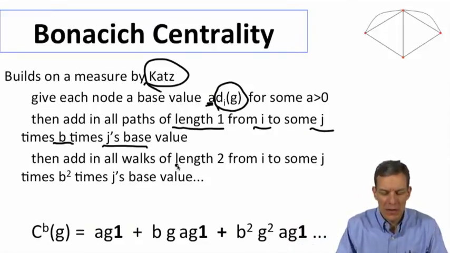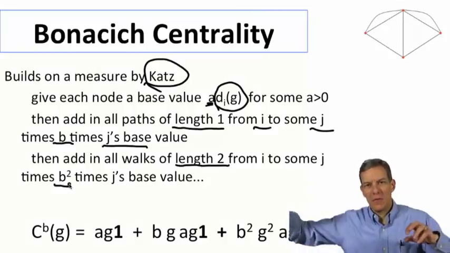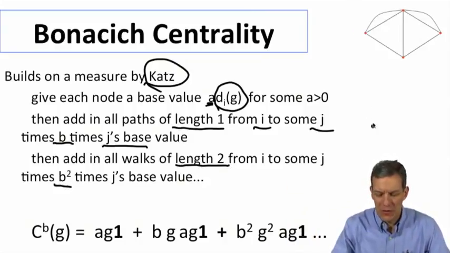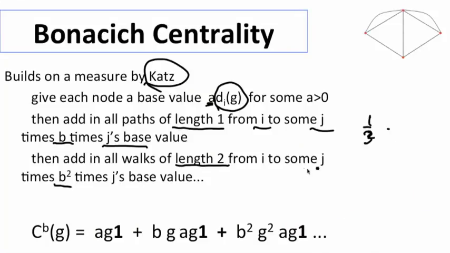Then I go to length 2, and I add in b squared times those people's values. So if this is 1/3 times my friends' values, now this is going to be 1/9 times friends of friends' values, right? So I can go out length 2, walks of length 2. Some of them might come back to me. So it sort of counts these things doubly.